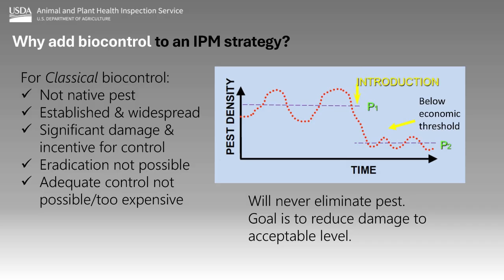And here on the right, we have a graph of pest density or quantity over time, which following the introduction of a biocontrol agent resettles at a lower equilibrium. The population continues to fluctuate and may still cause some problems, but it is hopefully at a more acceptable level. The goal is never eradication for a pest through biocontrol.